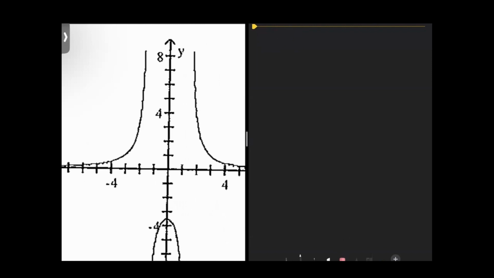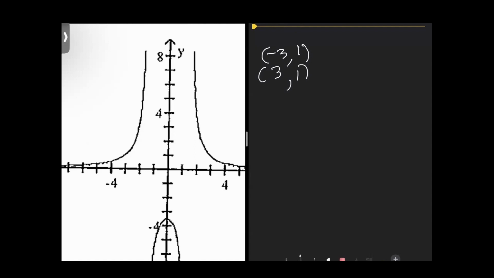When x is -3, it looks like that point is on 1. Let's look at another point. When x is +3, it's also going to 1.